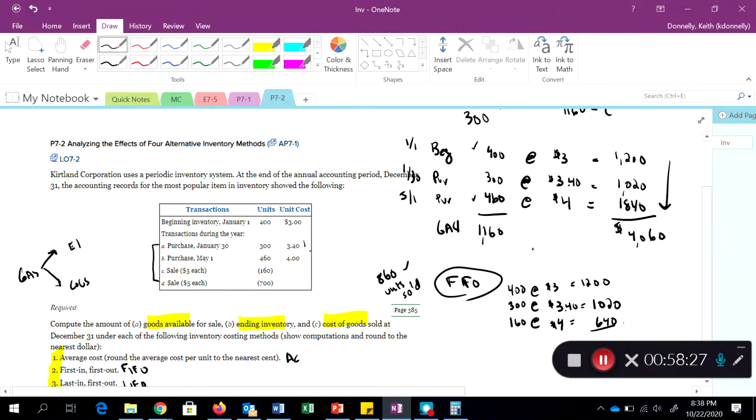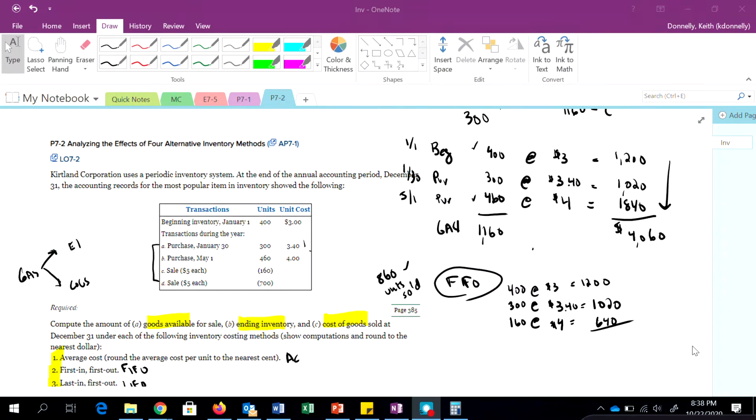So that's 640. The idea here is our cost of goods sold under FIFO is going to be $28.60, cost of goods sold.